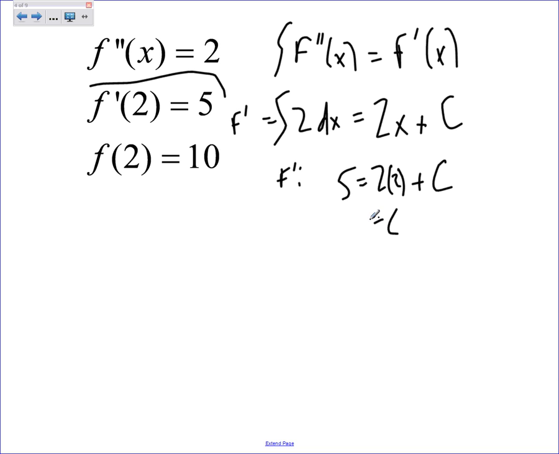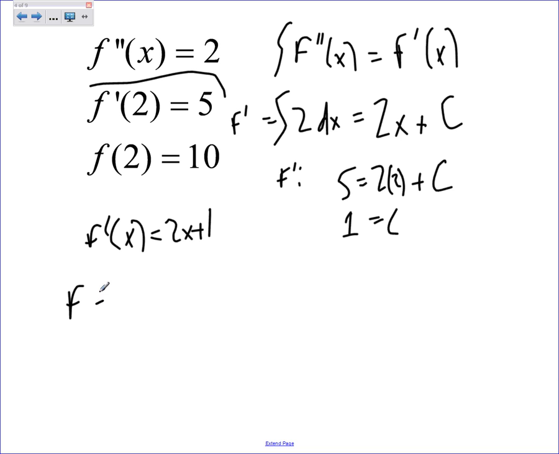You've probably already figured out that c is equal to 1. So now f prime is equal to 2x plus 1.